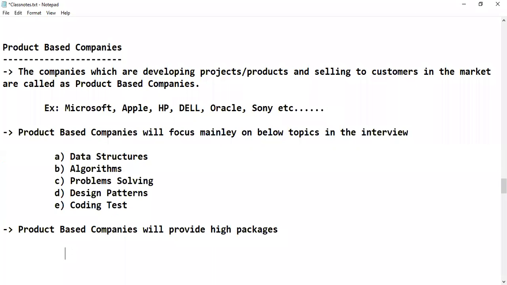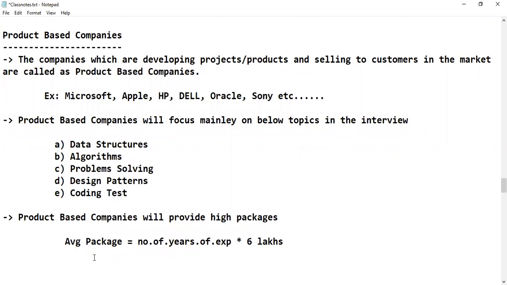The average package that you can expect in the product-based company is the number of years of experience multiplied by 6 lakhs. If you go for a company like Oracle with 3 years experience, 3 into 6, 18 lakhs package you can expect when you attend the interview in the product-based company.